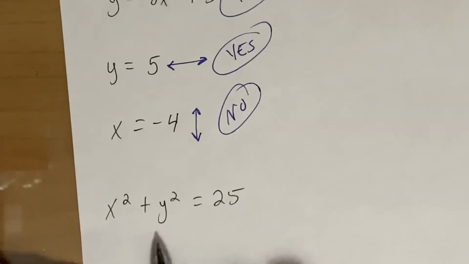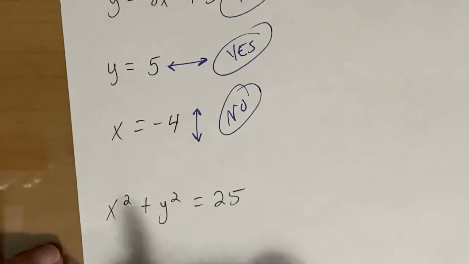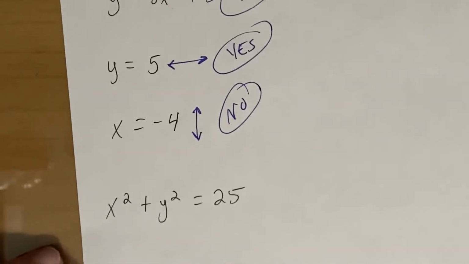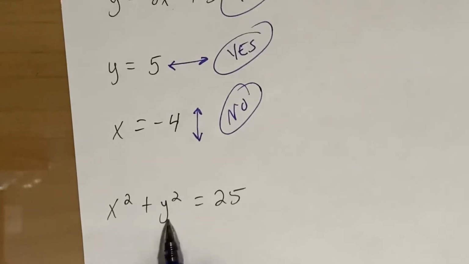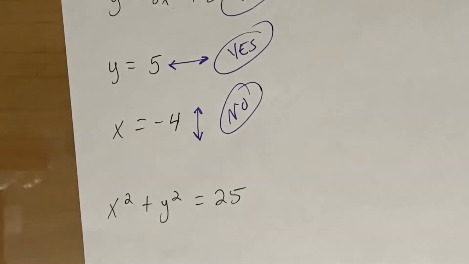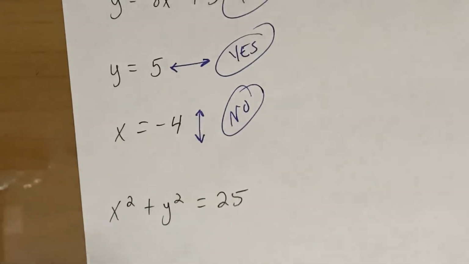Okay, the last one down here on the bottom, we have x squared plus y squared equals 25. We're going to learn that when we see an x that is squared and a y that's squared, this is going to be a circle graph. So if we looked previously, we saw that a circle graph did not pass the vertical line test, so that is not a function. Okay, well, let's plug in a number here and see what we get.